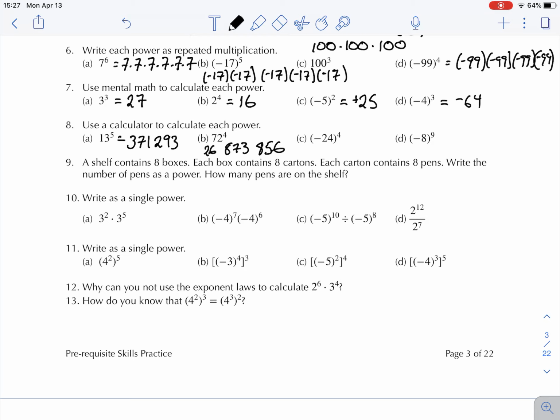Now, in this question, it is very important that you have the negative. So negative 24 to the power of 4 is going to be equal to 331,776.